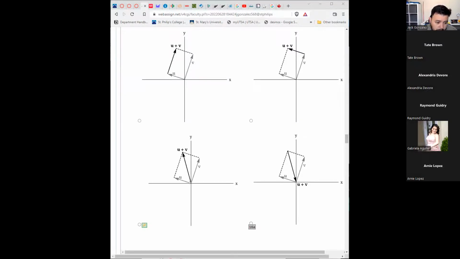So here's the U plus, sorry, the V plus the U. Okay. That's an easy way to explain that. So they use this thing called a parallelogram rule. Okay.